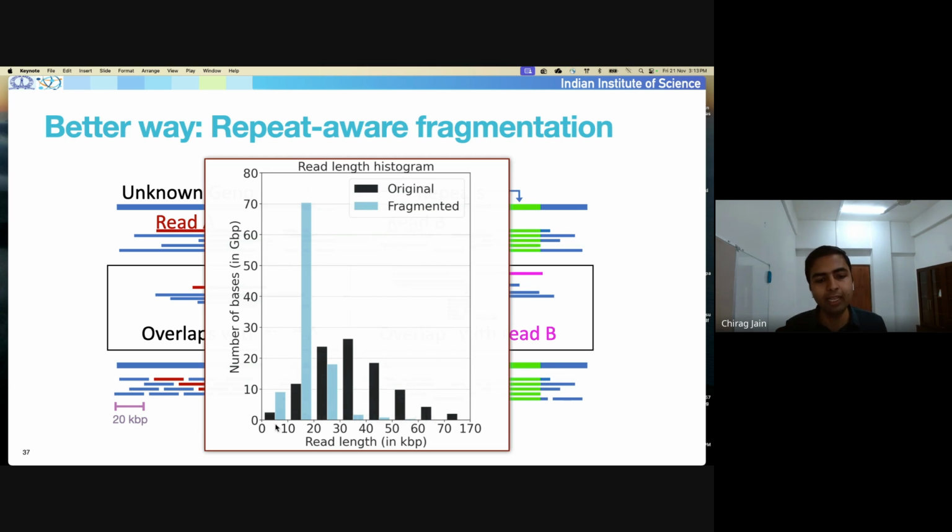That is, you have read lengths ranging from a few thousand bases all the way to 200,000 bases. But after repeat fragmentation, now the read length distribution has narrowed down, and that's why we will see that this heuristic will help in avoiding those gaps in practice.